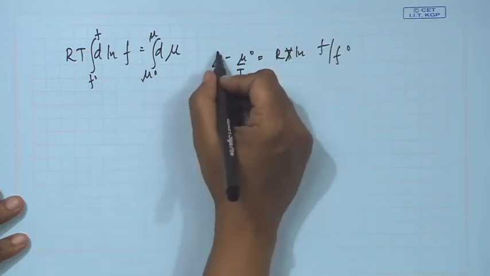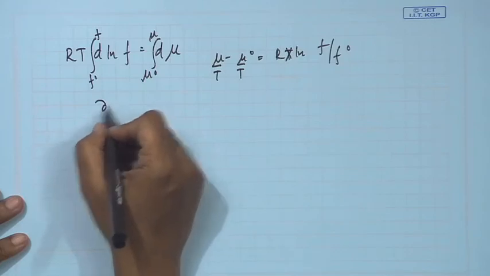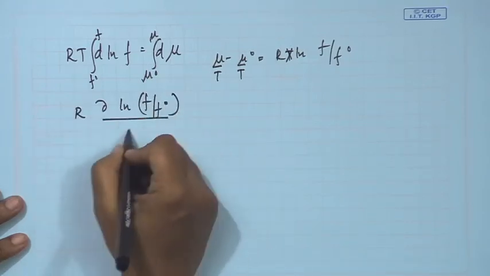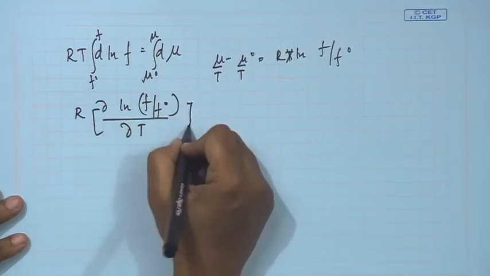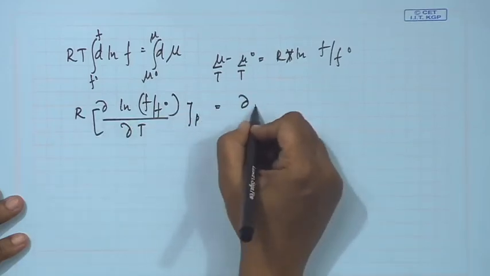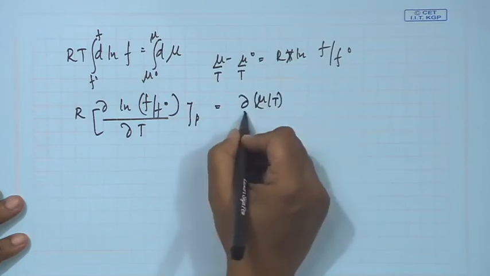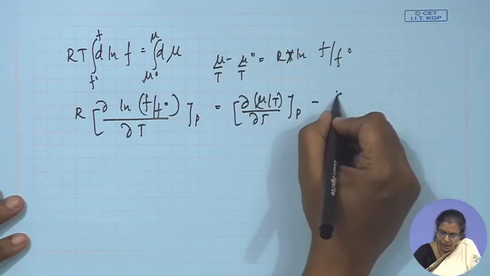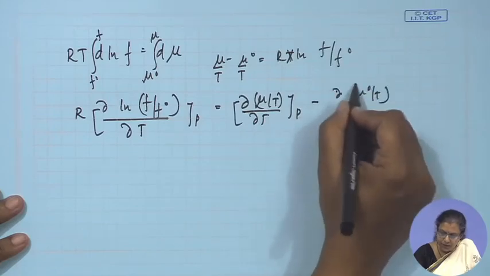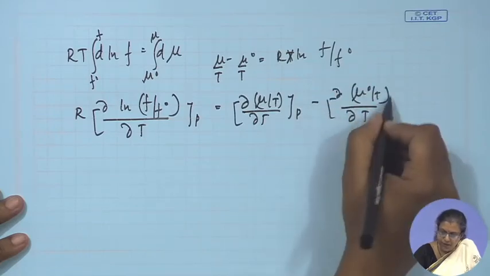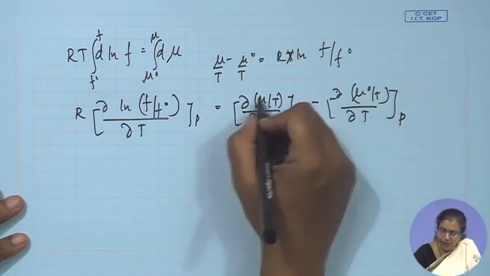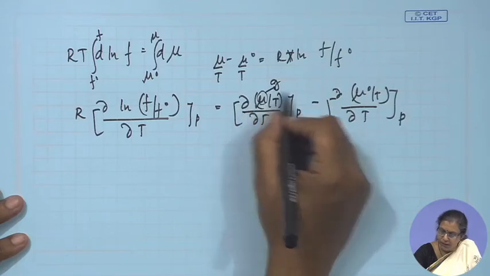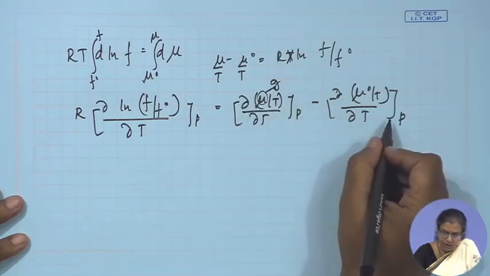Now suppose we want to find out R del ln f by f 0 as a function of T for constant pressure. What is it? Del mu by T del T at constant pressure minus del mu 0 by T del T at constant pressure. You must recall that this is nothing but equal to G. So we had already derived the Gibbs-Helmholtz equation.